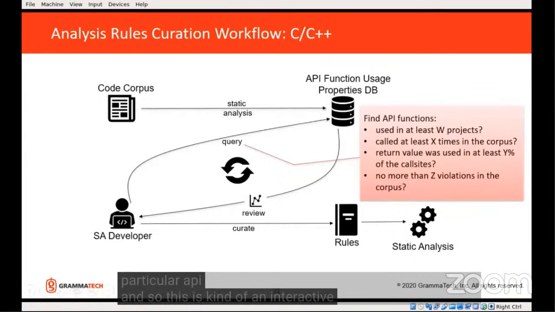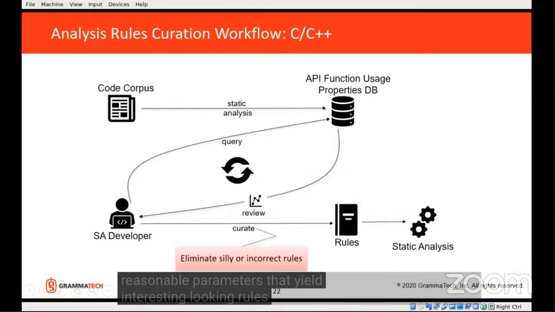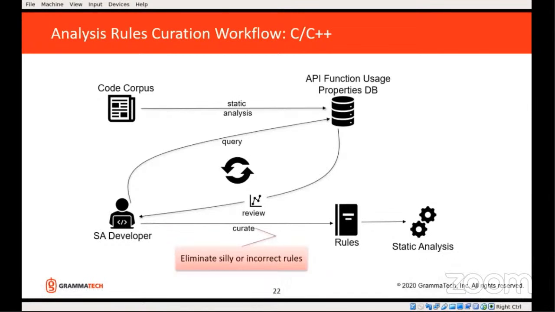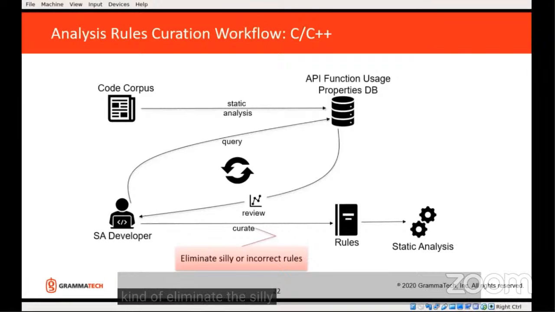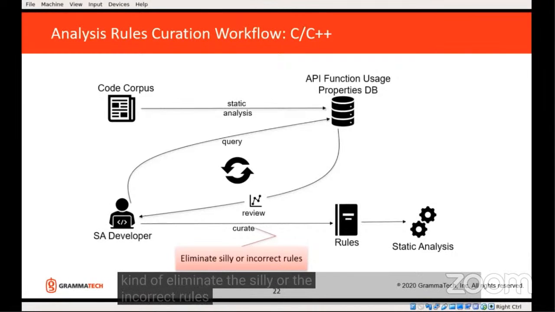So this is an interactive process where we try to come up with reasonable parameters that yield interesting looking rules. And then finally, we look at the actual potential rules and eliminate the silly or the incorrect rules through a process of triage.